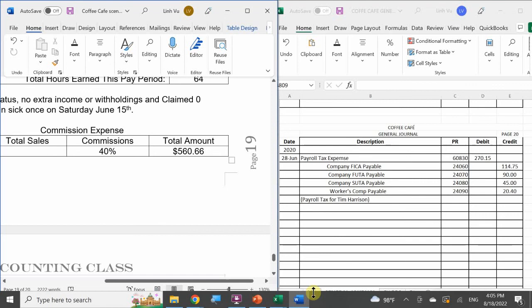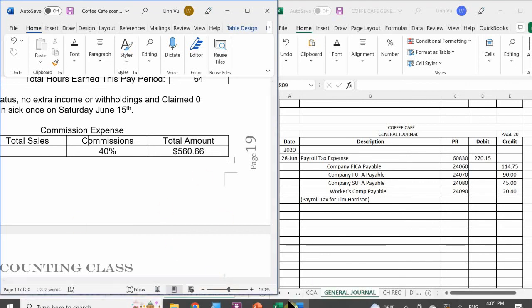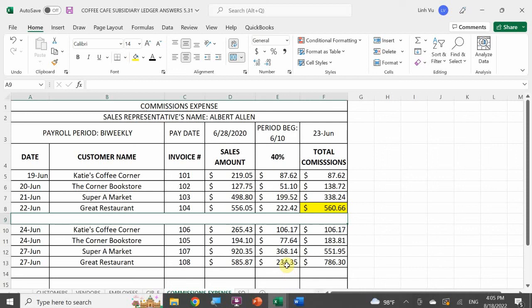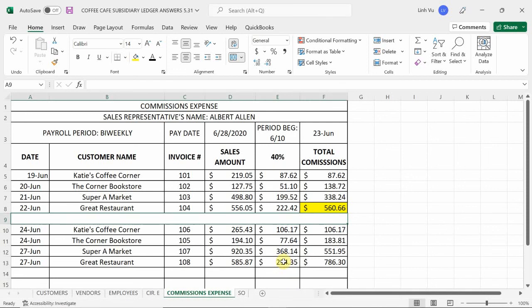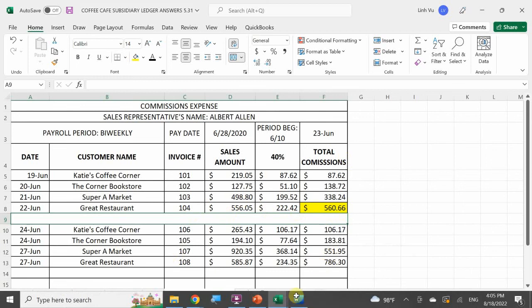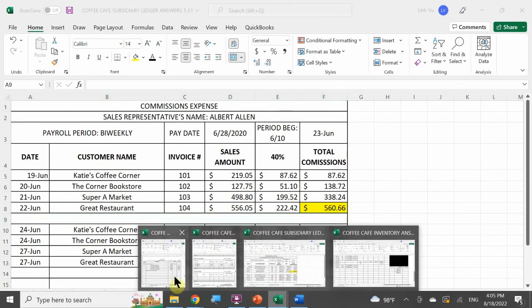Yes, right there, $560.66. Here, if we take a look at our commissions, he served about 4 people and earned $500. So good for Albert. Okay, so he's earned $560.60. So how are we going to pay Albert?